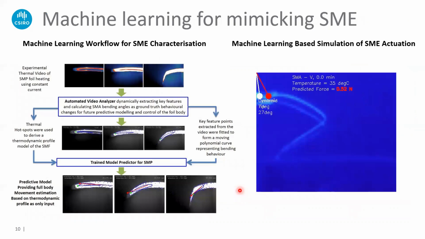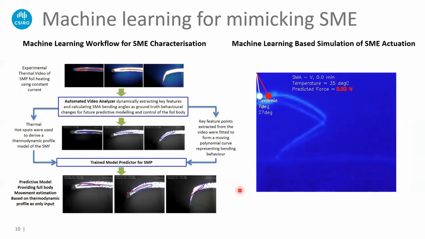And in this study, we also developed a machine learning workflow for shape memory effect characterization. Basically, we use the experimental thermal video as the data, and then develop an automatic video analyzer.